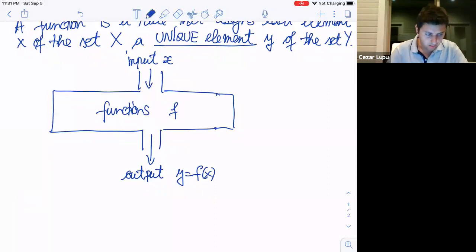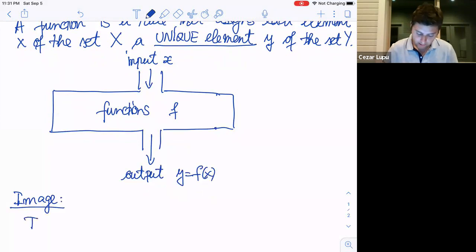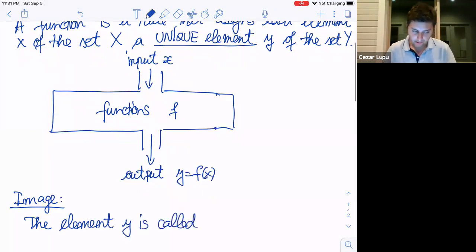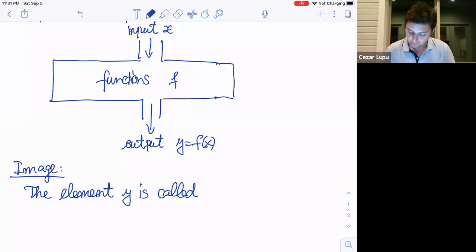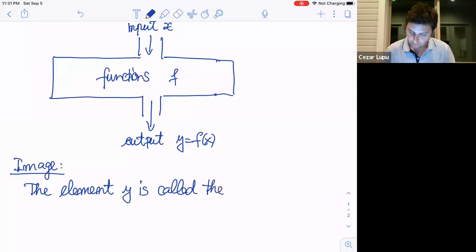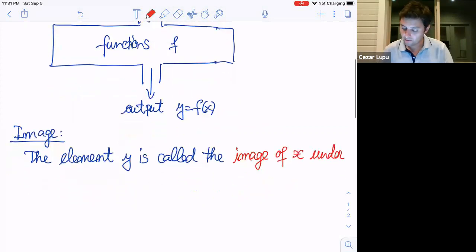Now the image. Let's talk a bit about the image. Here, I would like to say that the element y is called the image of the element x under the function f.